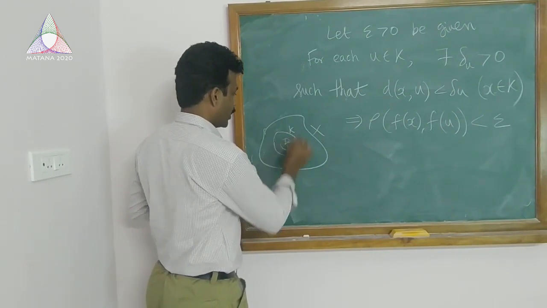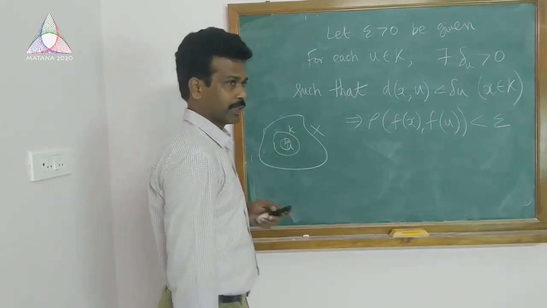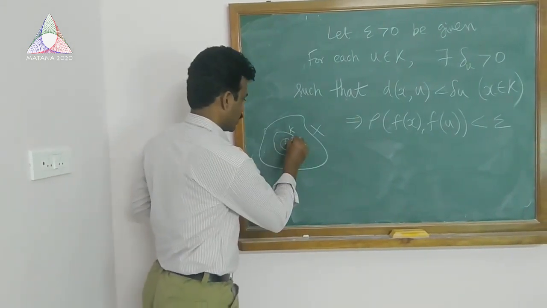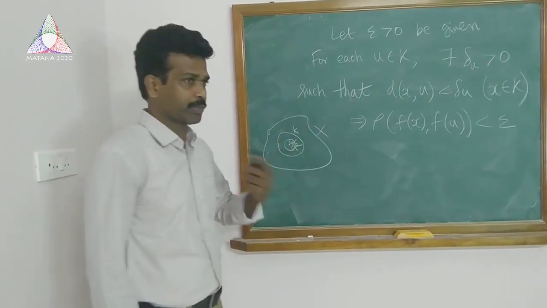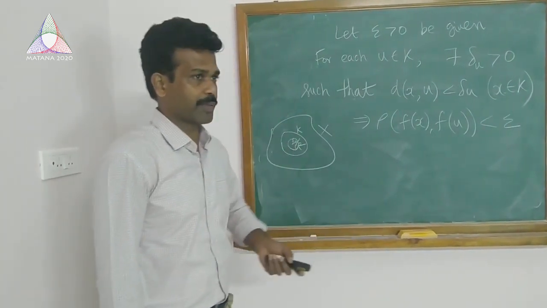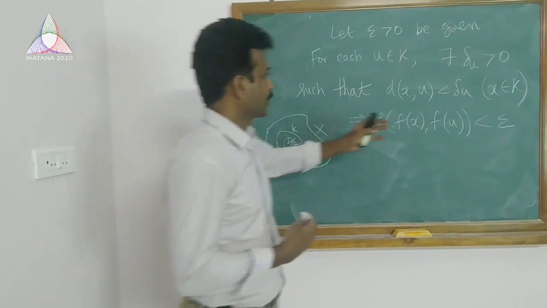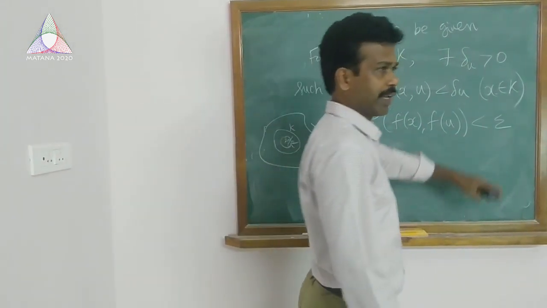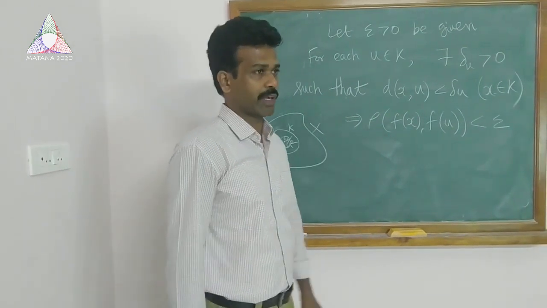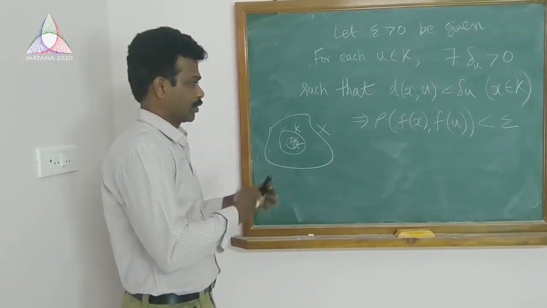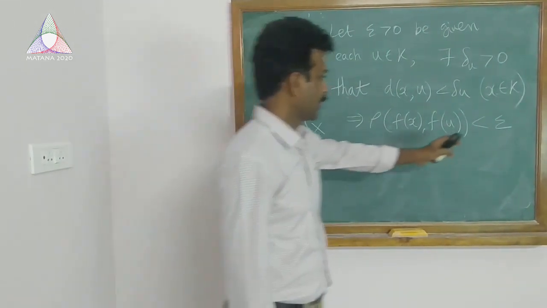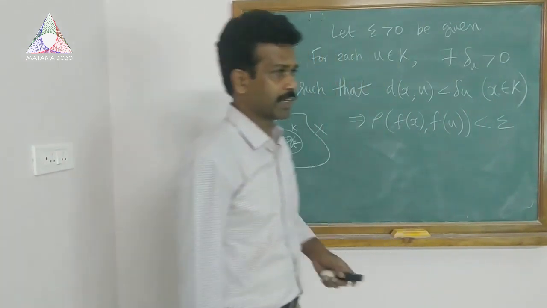We get an open cover by considering the radius as delta u by 2, because for a computational purpose at the end we require less than delta or less than epsilon, so we are doing the adjustment now. Otherwise you can start with an epsilon here, later you can rewrite this as epsilon by 2. You can redo this and then check whether any extra weights are needed or not.